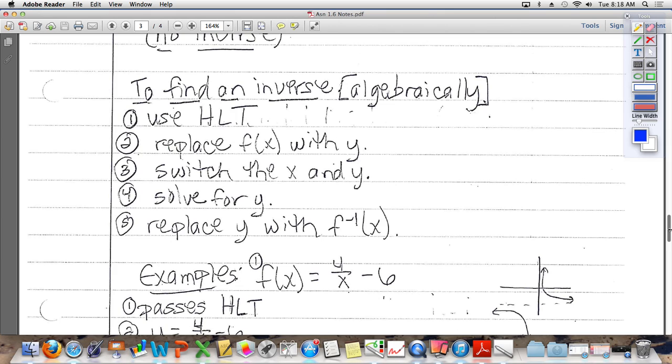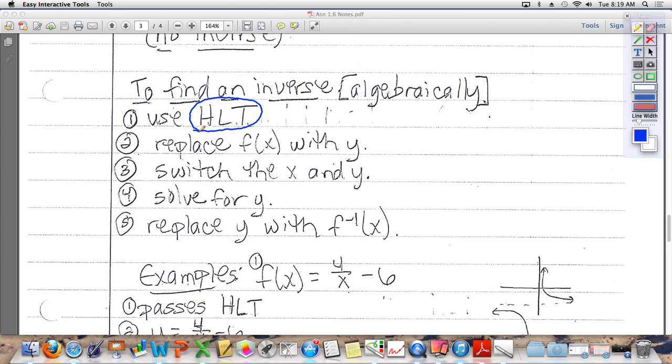If it has an inverse, it has to pass the horizontal line test, HLT. If it passes the HLT, it has an inverse, and you continue. If it doesn't pass the horizontal line test, you stop. You don't need to find the inverse. You would say it does not have an inverse, does not pass the horizontal line test, and you get on with your life.